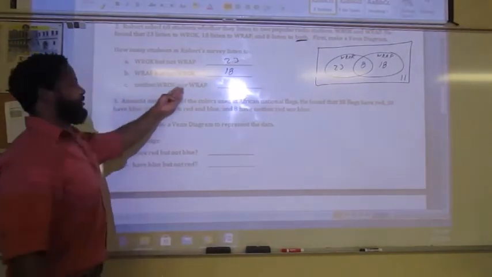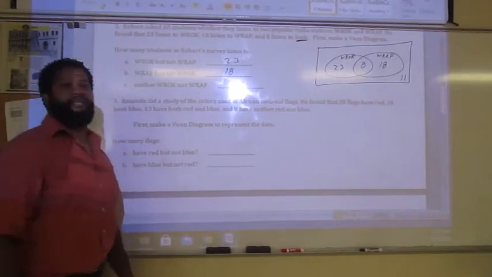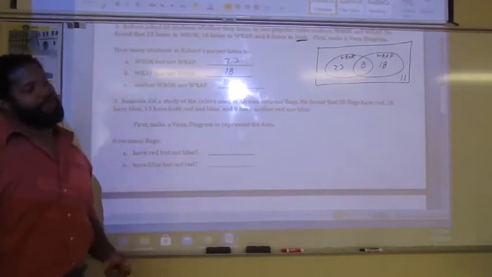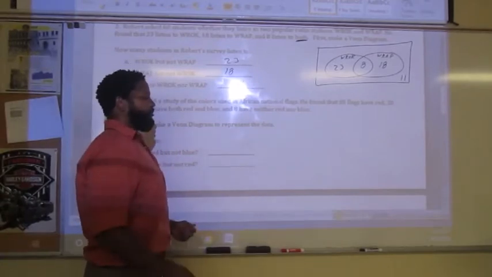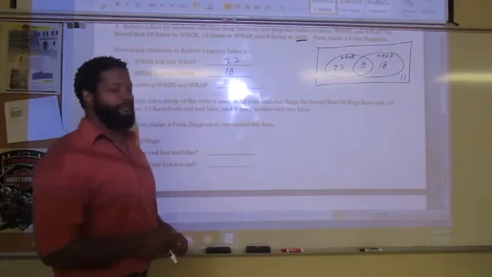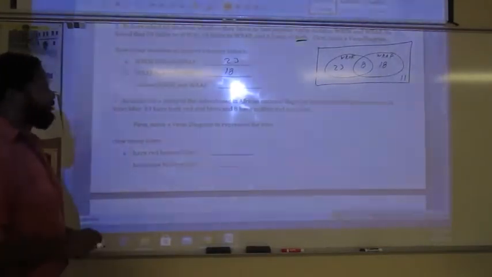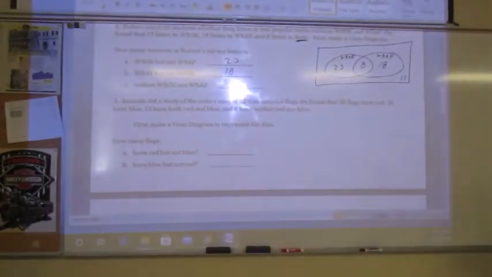Neither? 11. Okay? It helps to just write this stuff out so that you'll know what it is that I'm doing, how I'm going to solve this.